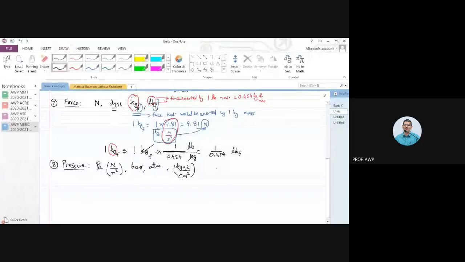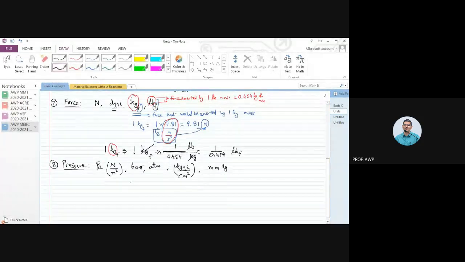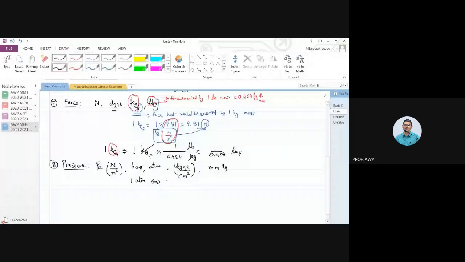Another unit that is very commonly used, especially when we start talking about atmospheric pressures or pressure differences, is in terms of mmHg. So we say that 1 atmosphere is same as 760 mmHg. Why is that?